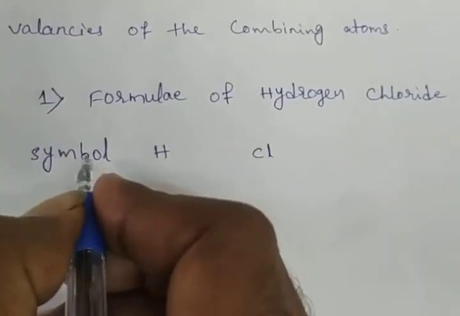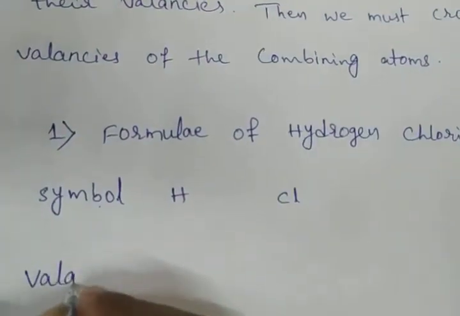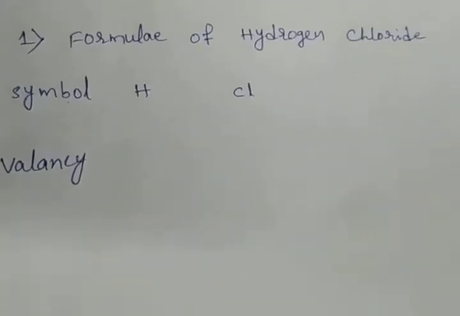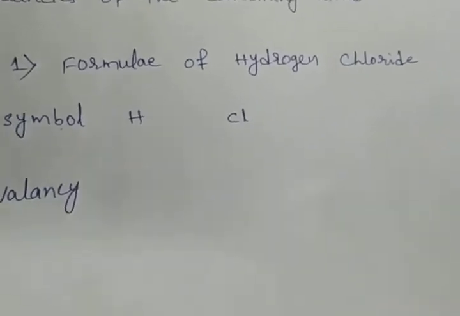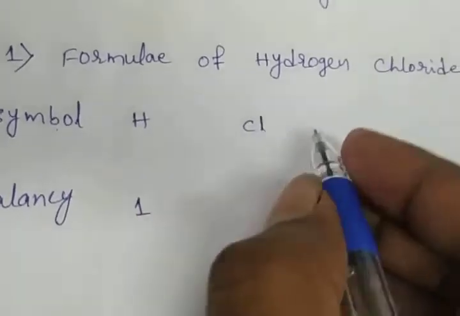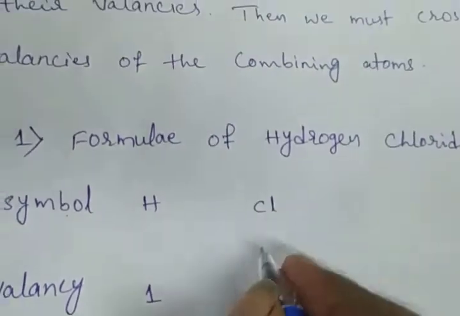Symbol completed. Then what do we require? Valency. What is the valency of hydrogen? I already gave it in the table. Valency of hydrogen is 1. Next, chlorine valency. Once we have to check the table. Chlorine valency is also 1.